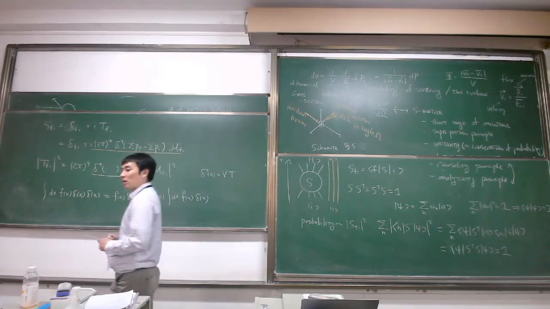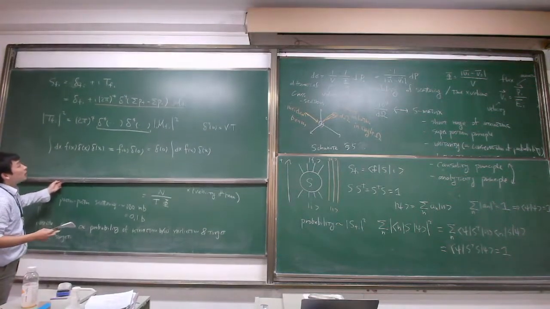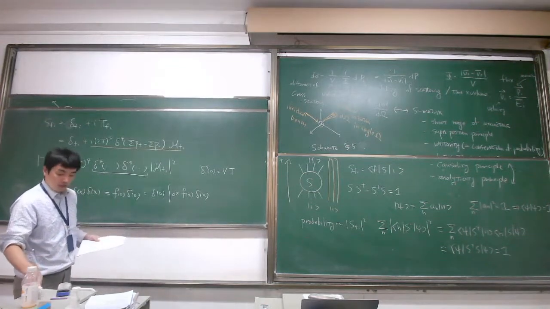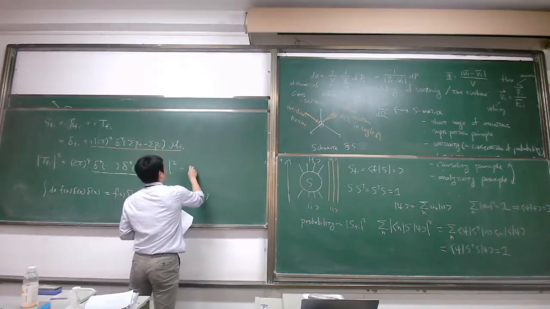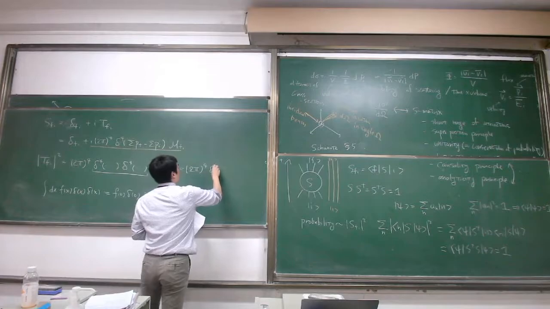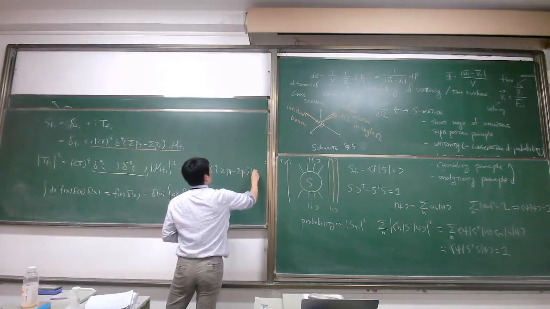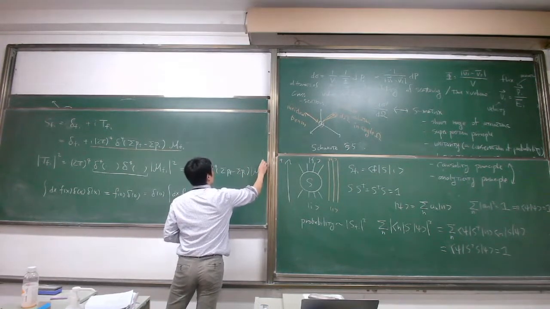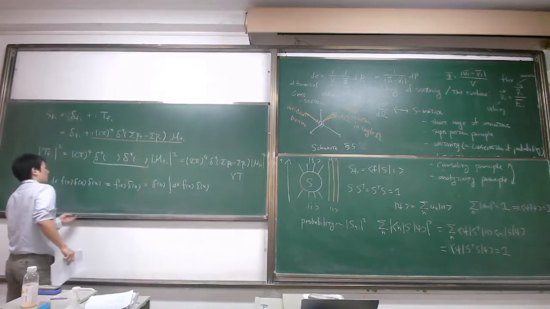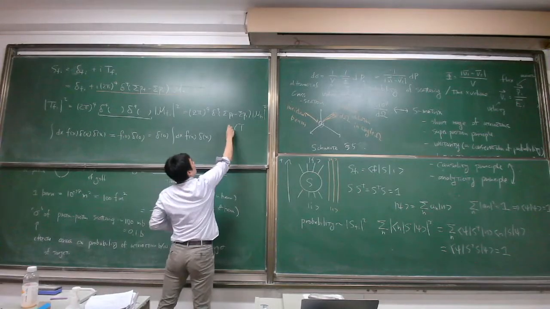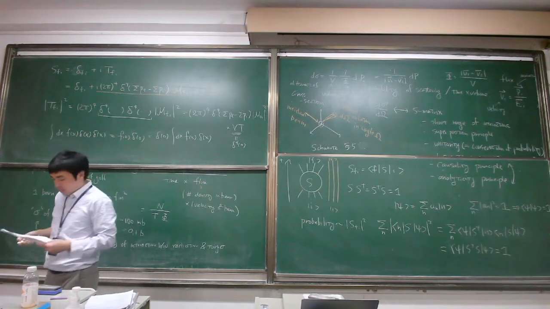That we already learned many times. So therefore, we can just write down this guy as 2 pi to the 4 delta 4 of sum of PF minus sum of PI times delta 4 of 0. Do you agree with that?